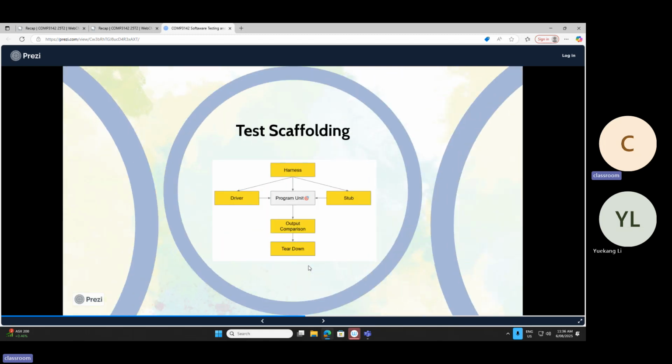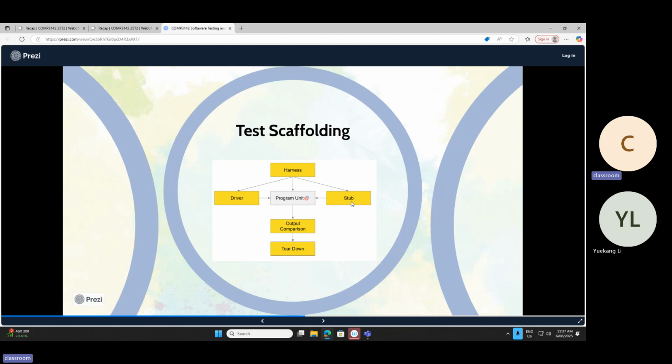And then another important concept related to different levels of testing is called test scaffolding. So when we write test cases, this is like a complete structure for most of the unit tests we can write. So there are some key concepts here, like a driver, like a stub.